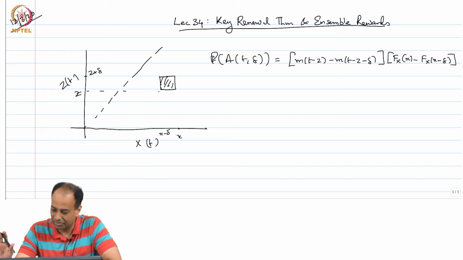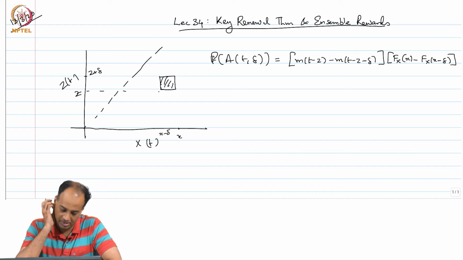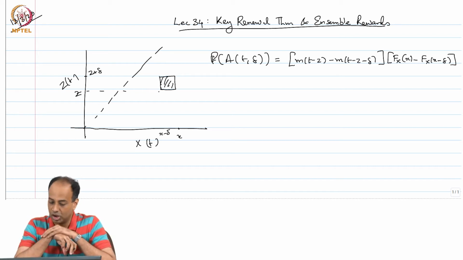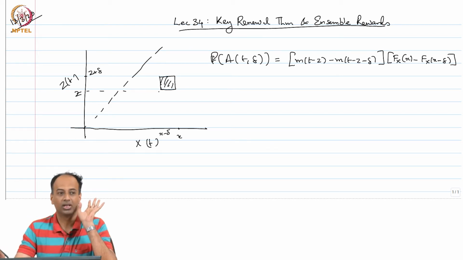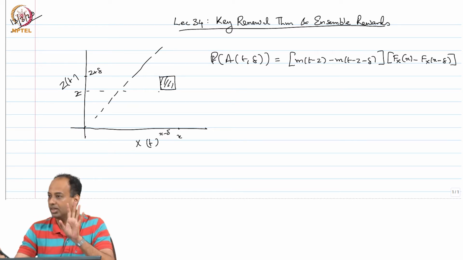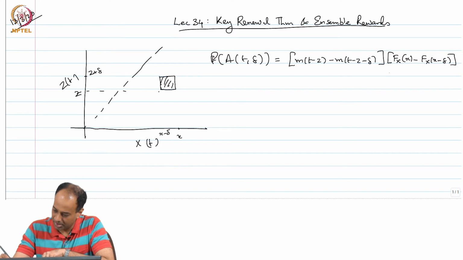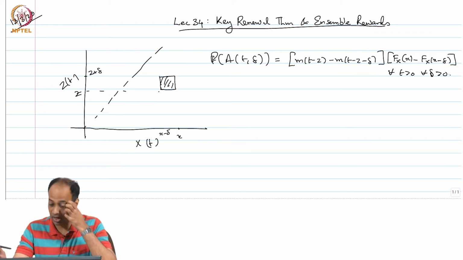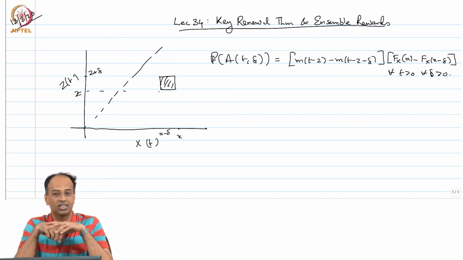So, intuitively you can think of it as describing the joint distribution between Z(t) and X(t), for any finite t and any delta greater than 0. So, this is true for all t greater than 0 and for all delta greater than 0. At a high level, if I am giving you a function R(t), remember R(t) is a renewal reward function.